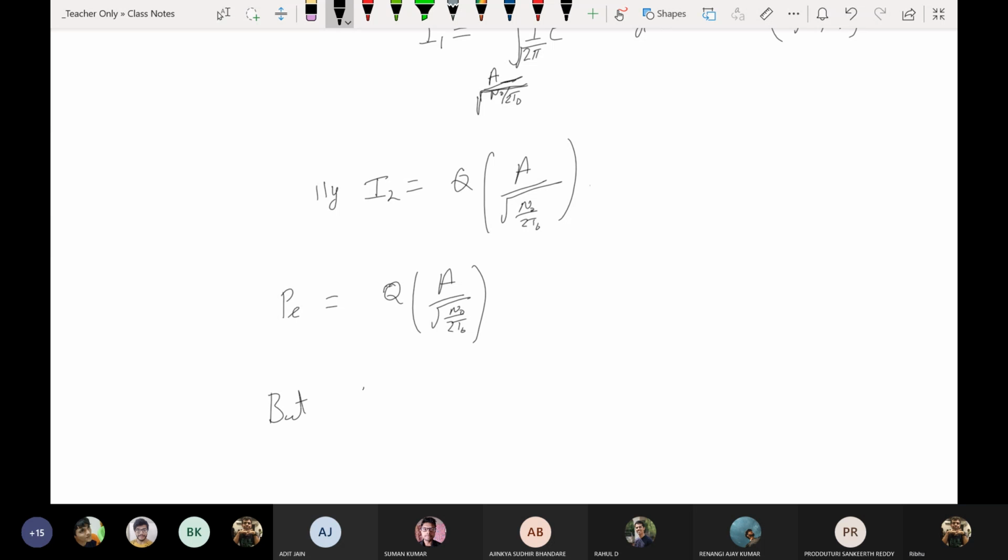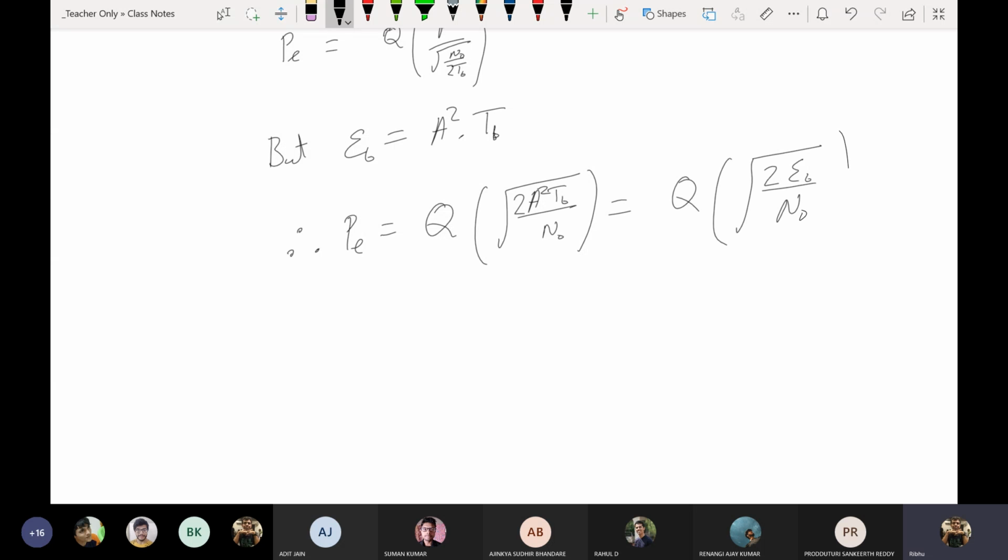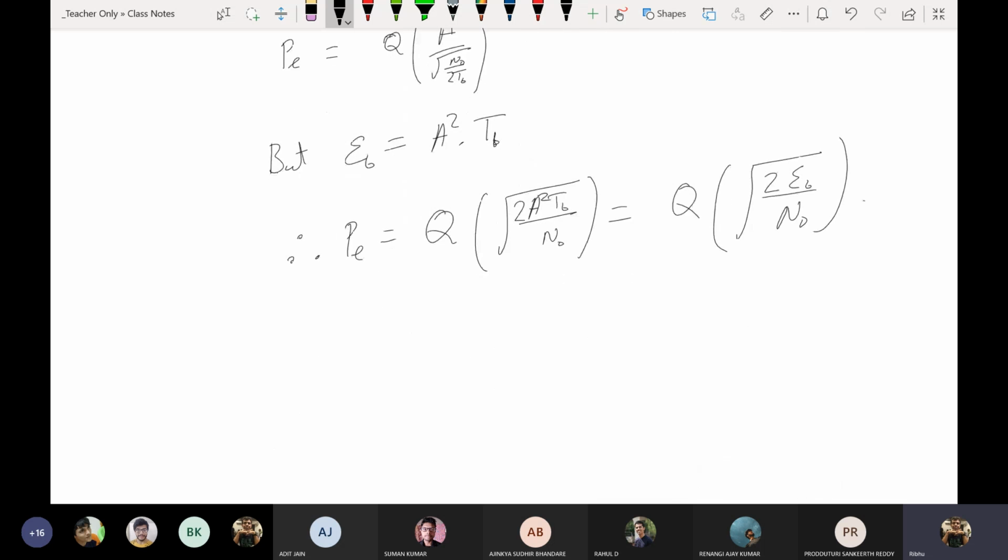But Eb was defined to be a square Tb, therefore this is the probability of error in case a binary symbol was sent.